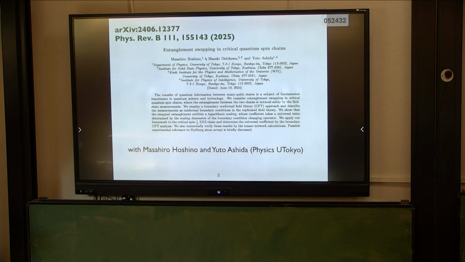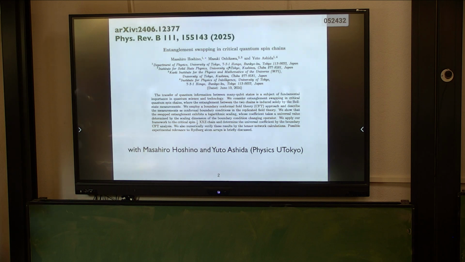Actually, the title of our paper is "Entanglement swapping in critical quantum spin chains," which is a little bit different from the title of my talk here, because entanglement swapping is one of the basic concepts in the quantum information field.